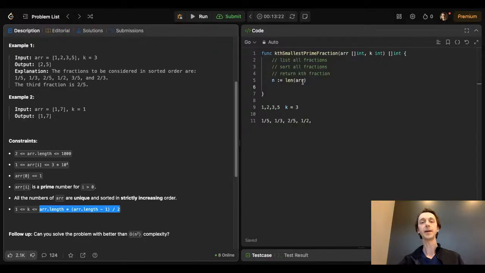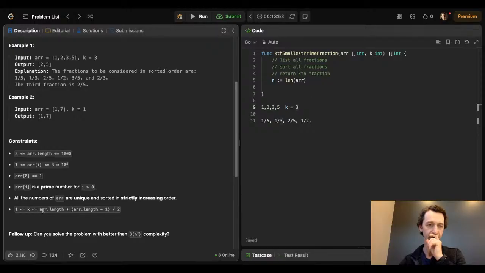So I was thinking, to prove that this is the kth, this is third, we actually will have to list them. And if so, then we can't do that for all k within that range, because this k goes to n squared.